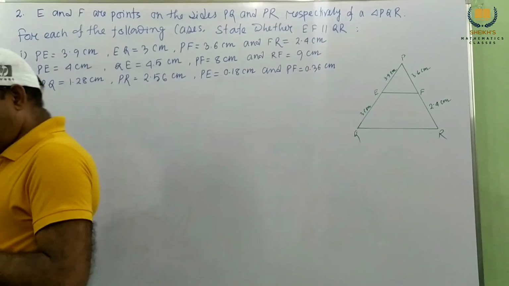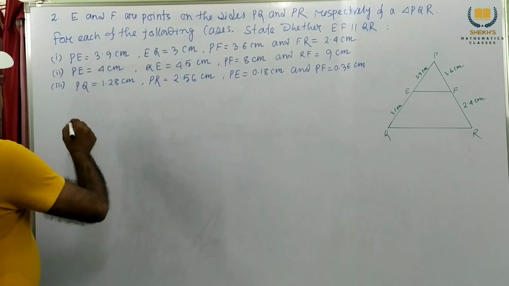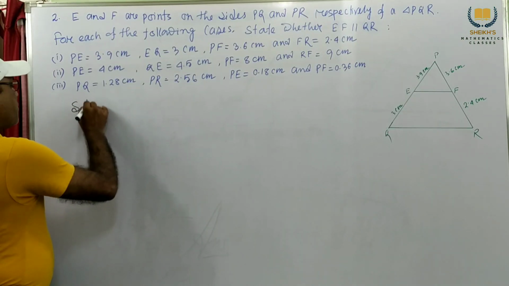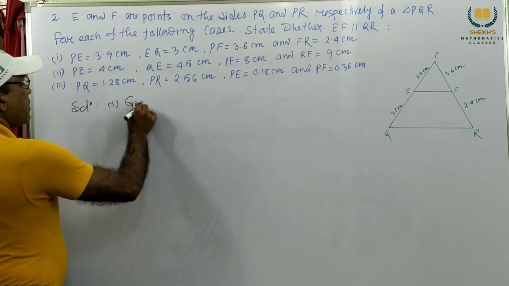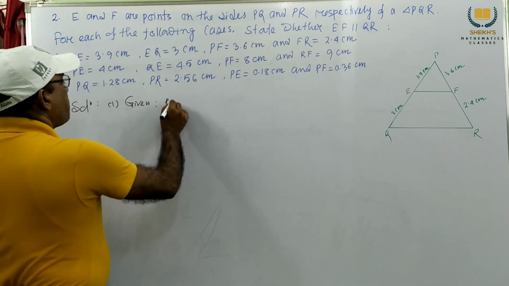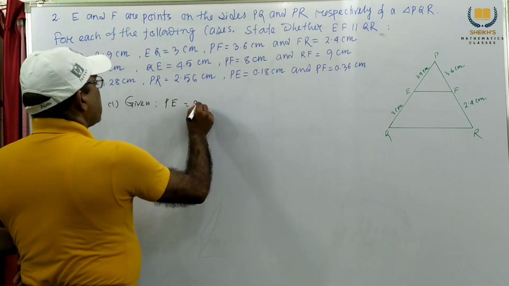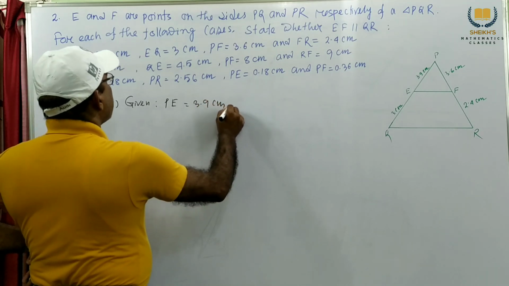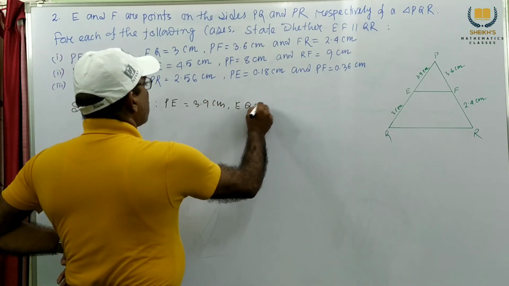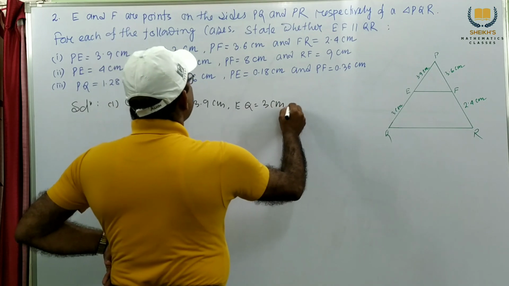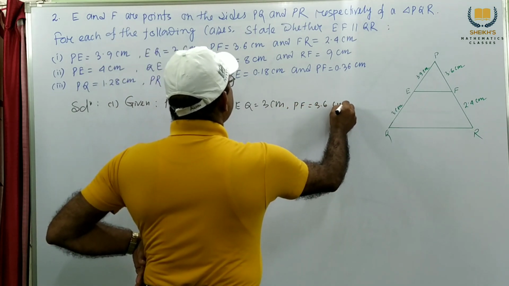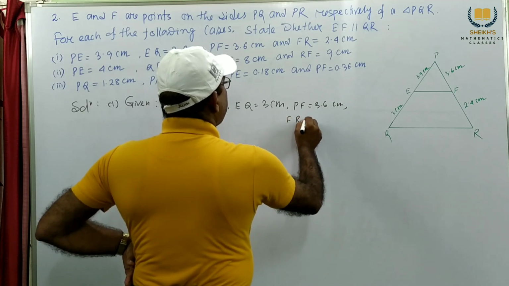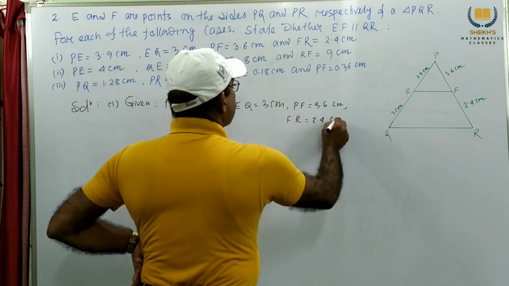Now we consider problem number 1. This is very easy, very simple. What is given? PE equal to 3.9 cm, EQ equal to 3 cm, PF equal to 3.6 cm, FR equal to 2.4 cm.